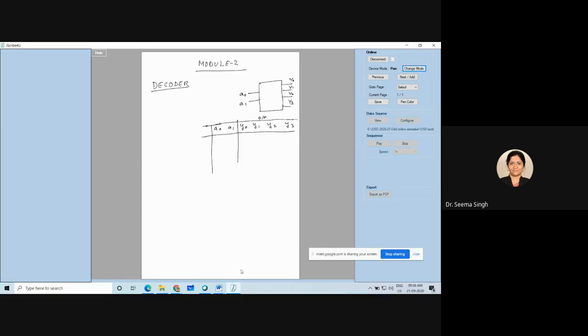Okay, you can see that I am leaving one column, which I will fill later, and I am leaving one row also.